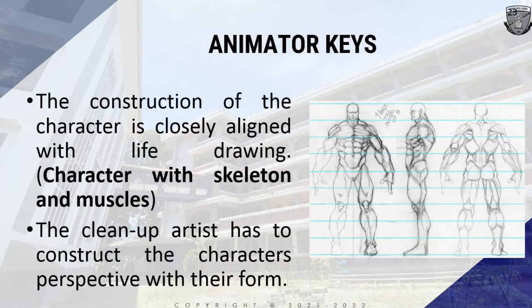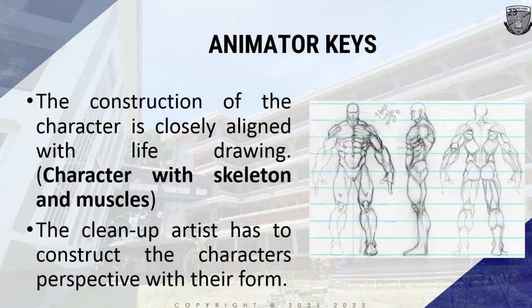And while the final work is what we call a cleanup, which resembles illustrated line, the construction of the character is closely aligned with life drawing. It is important to think of one's character as having a skeleton and muscles, not just as a collection of neat lines.